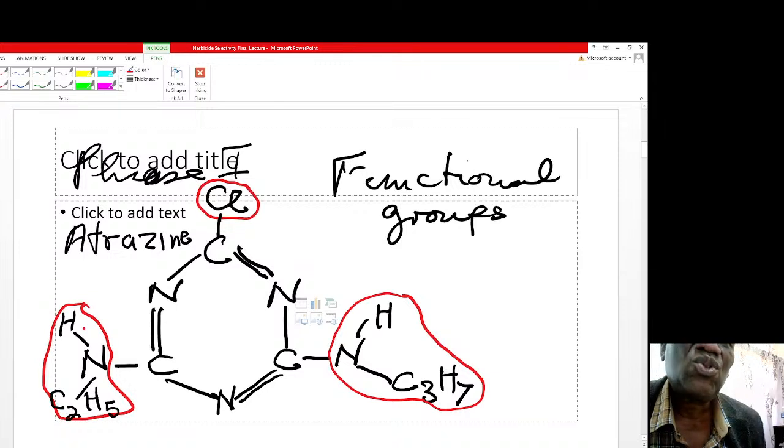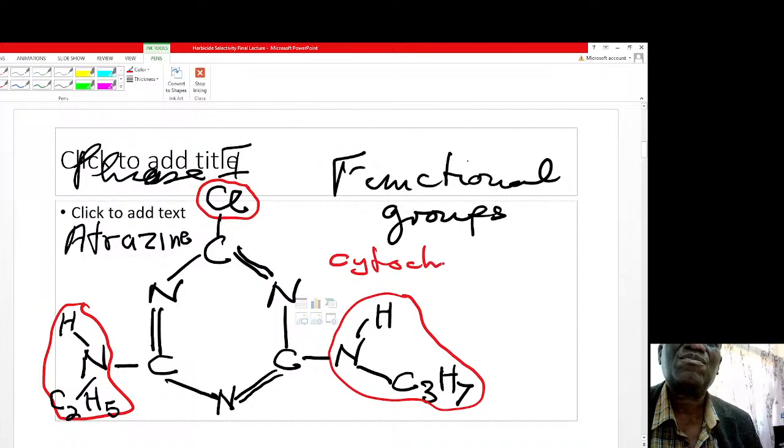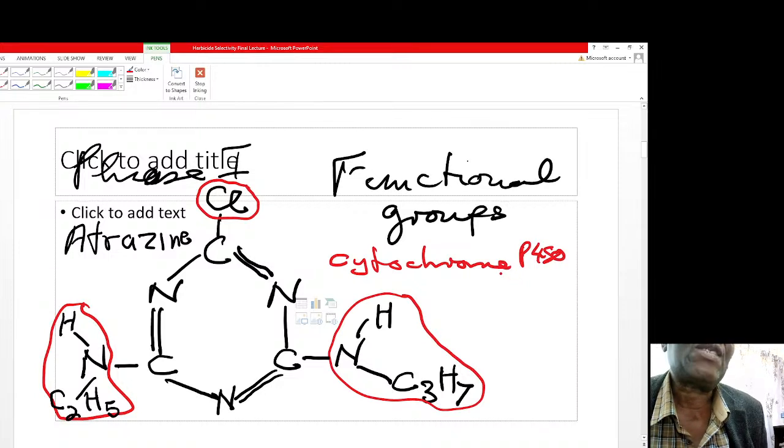Now, we used to talk about the cytochrome P450. And we said that in phase 1, this would actually change the functional groups because of its activity.